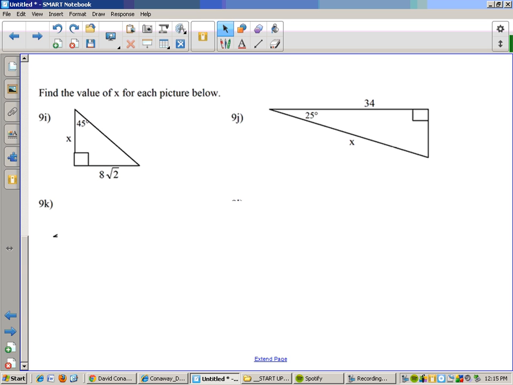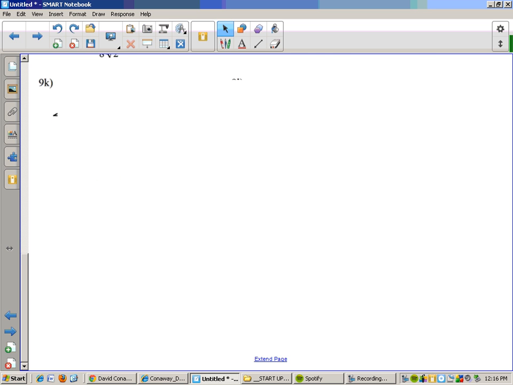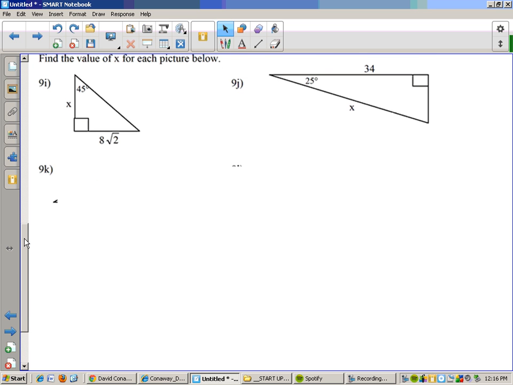Okay, find the value of x for each picture below. Let me extend the page here so I can have a little more room. This is a 45, 45, 90. So if we just remember our rules, if you have two angles that are the same in a triangle, like 45 and 45, what kind of triangle is that?